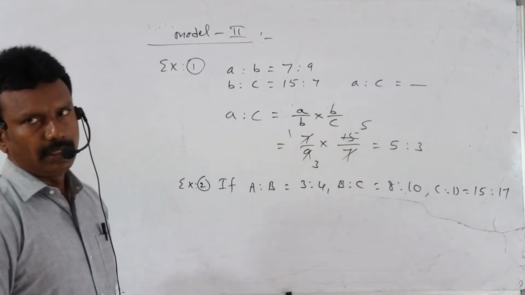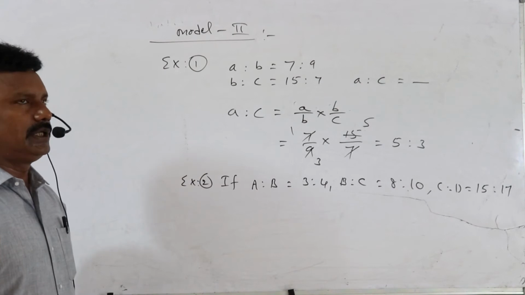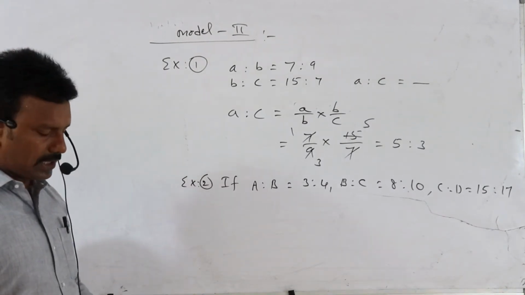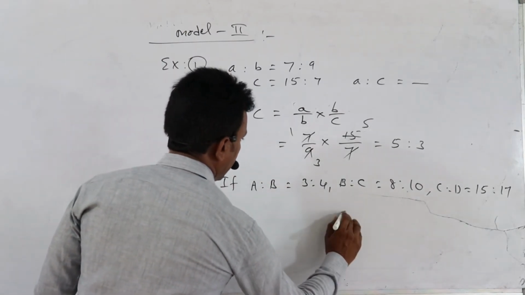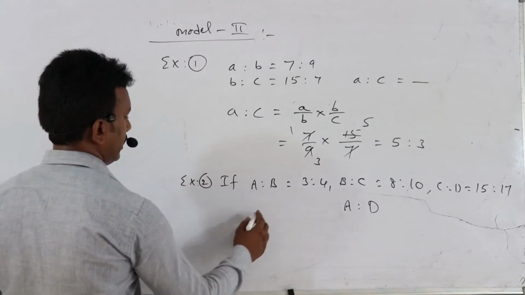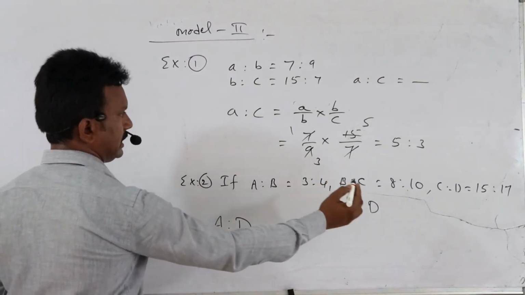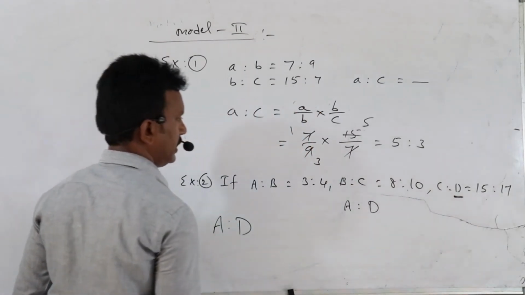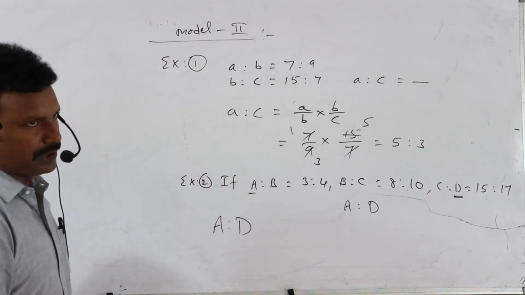So these are the given ratios, A is to B, B is to C and C is to D. Then find the ratio of A is to D, the first term and the last term.